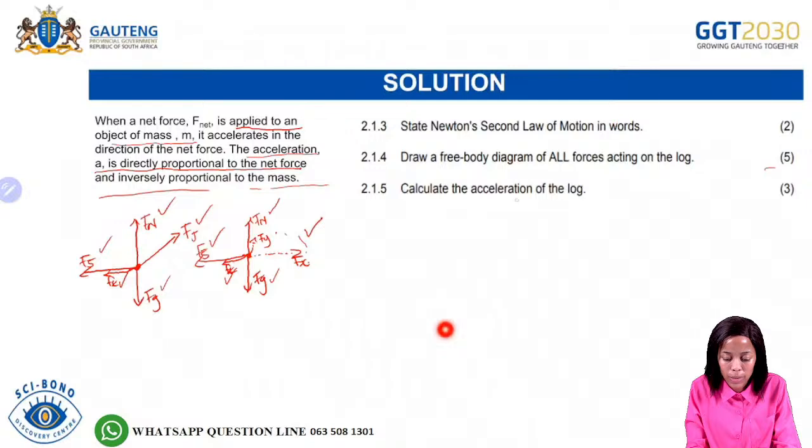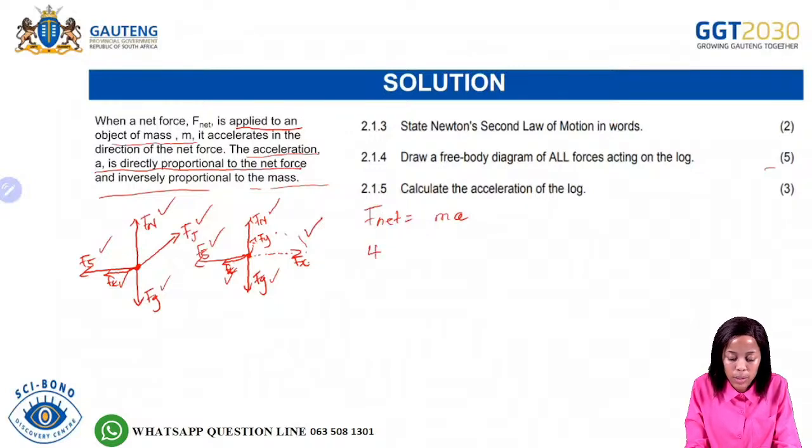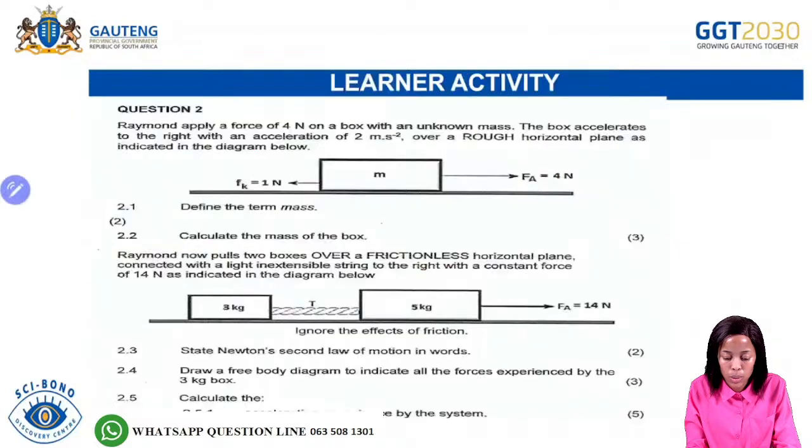Now 2.1.5 says calculate the acceleration of the log. So how would you calculate your acceleration? You would use F net equals ma. Remember, initially we calculated the F net, and we said the F net would be 40 Newton, and then we were also given the mass.